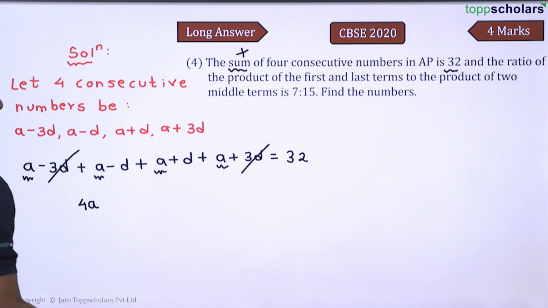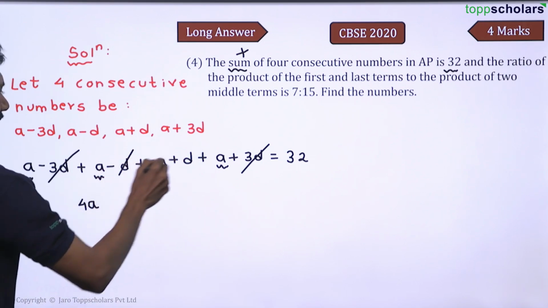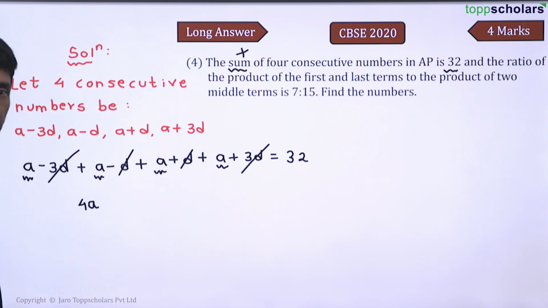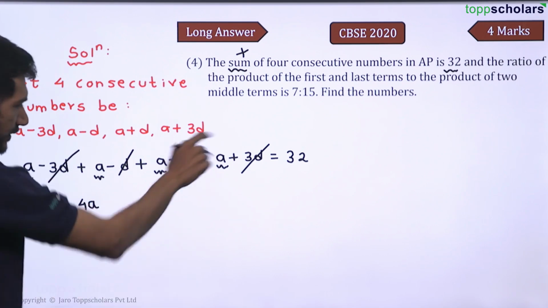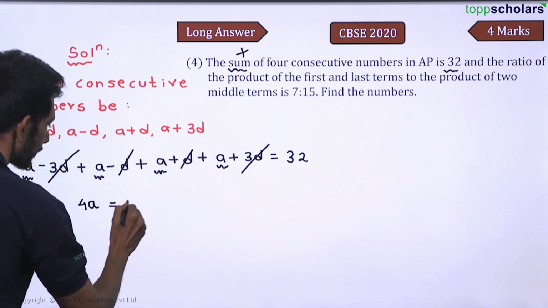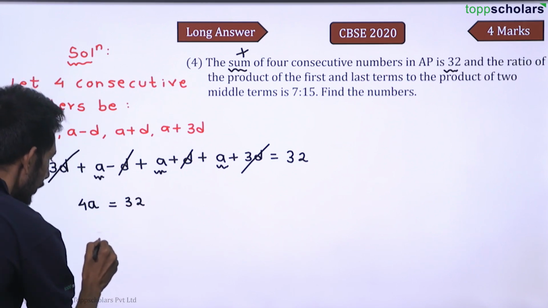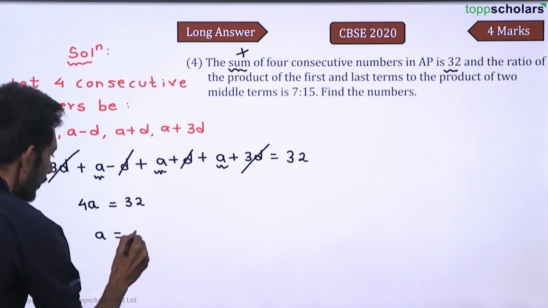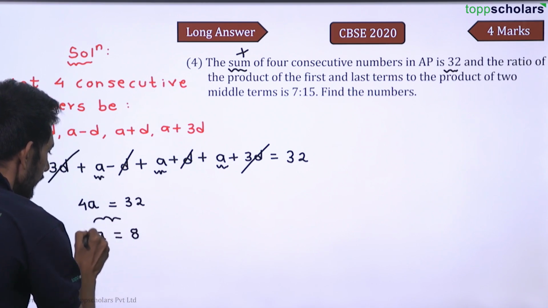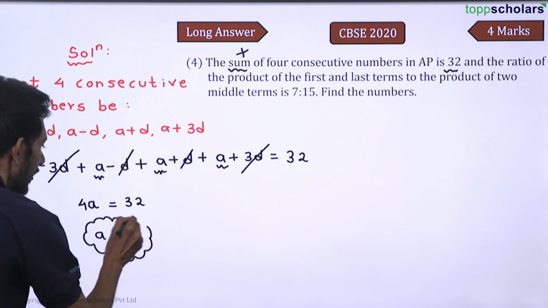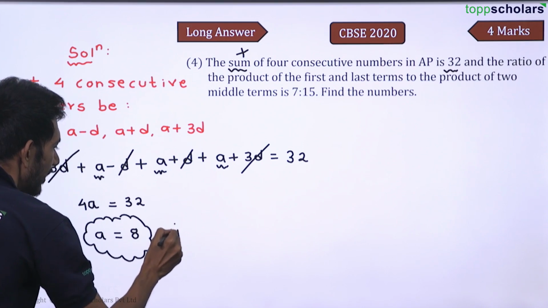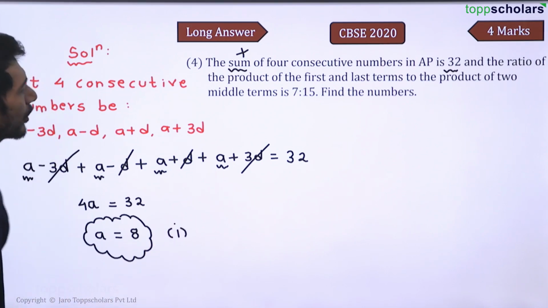Yes. Minus D plus D, can I cancel? Yes. So only 4A remains, that is equal to 32. So 4 will be divided. So A will be equal to 32 divided by 4. That is 8. Let us keep this aside. Let us mark this as your statement number 1 or equation number 1.